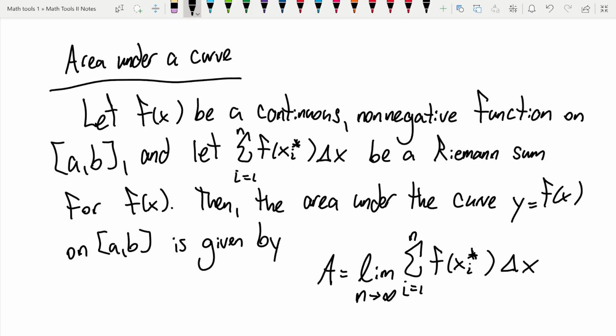Okay. So we take an infinite amount of these subintervals, take the area of each rectangle there, and that leaves us with the exact area underneath the curve. So no longer approximately equals, just actually equals. Okay.